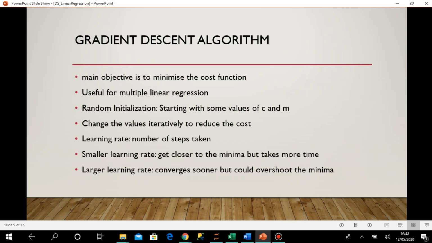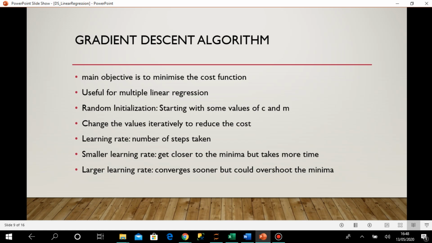So I give some values to them, and then we change the values iteratively to reduce the cost. A very small change is made, and then again the cost is calculated. This way, again and again we change the values, and we see what the cost is now, what the cost is now. So this learning rate is the number of steps taken.